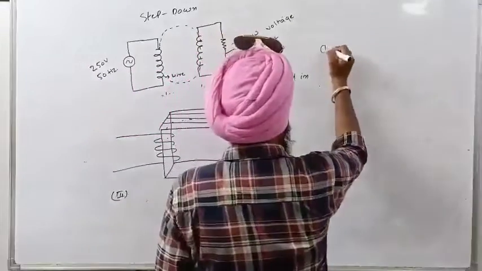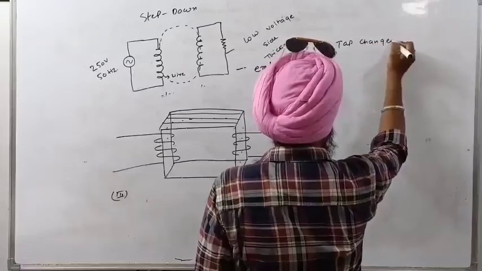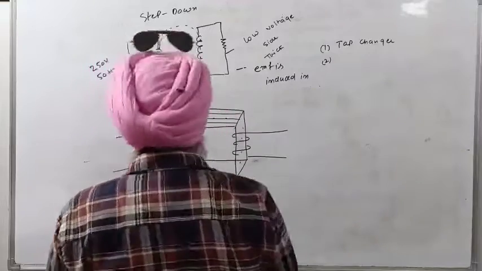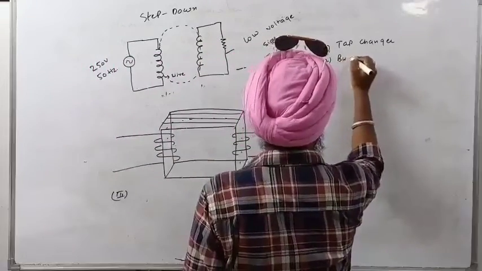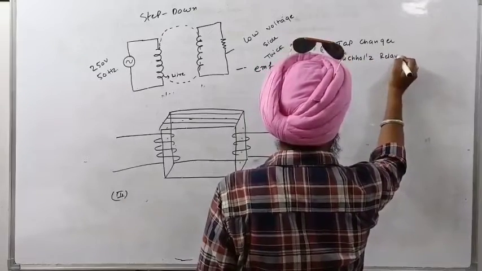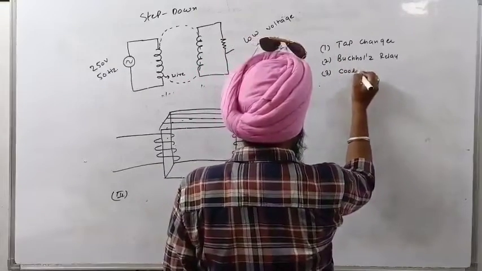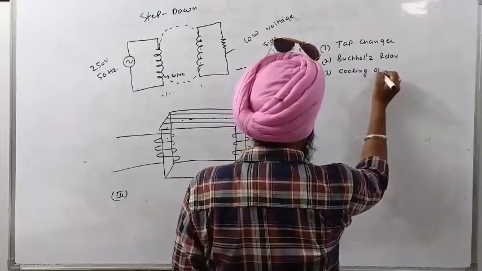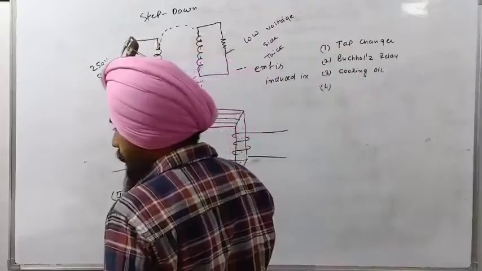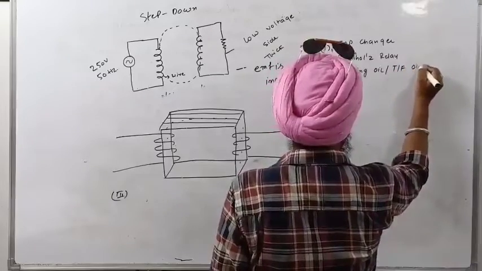First is the tap changer, second one is Buchholz relay, third is the cooling system, cooling oil, also called transformer oil.